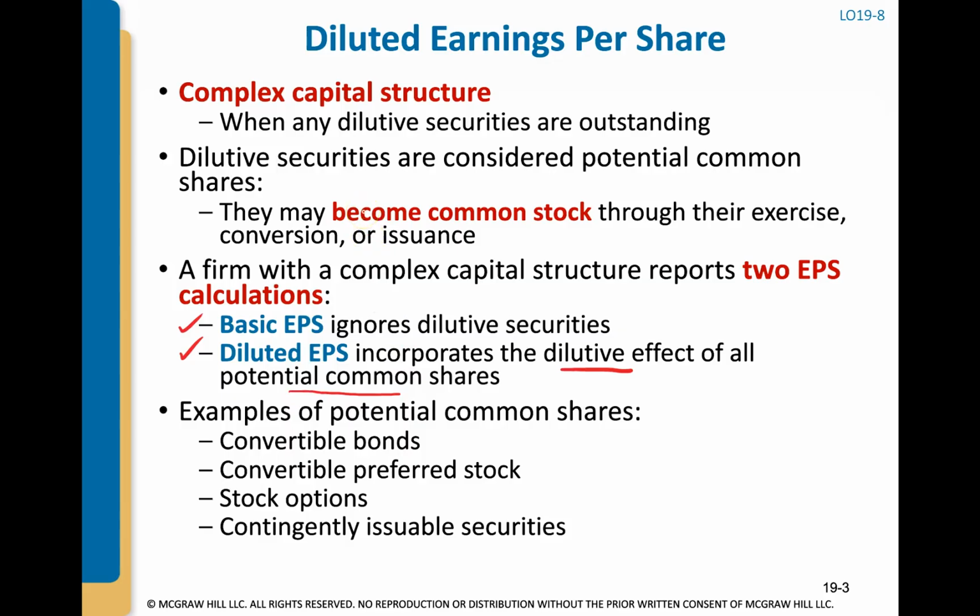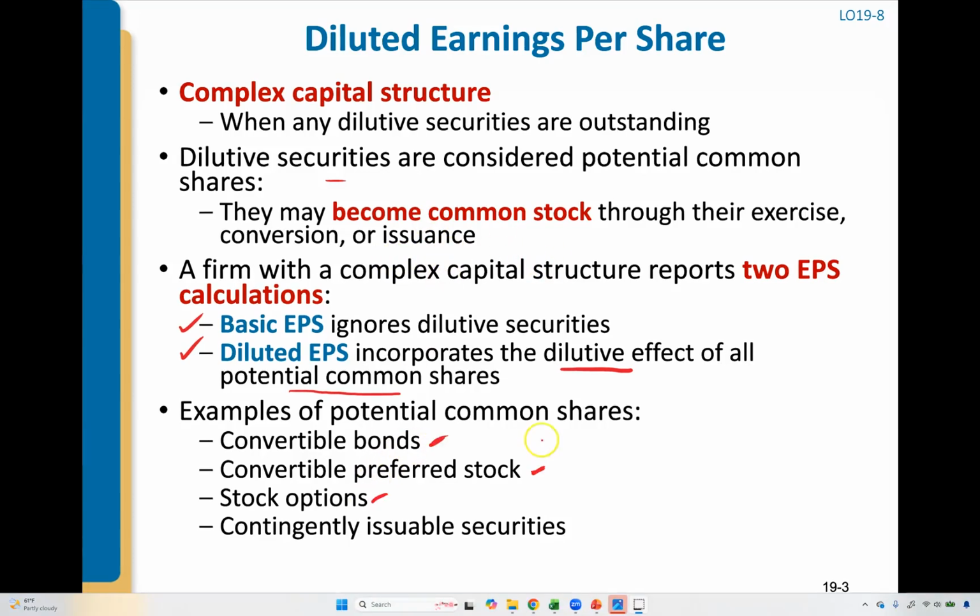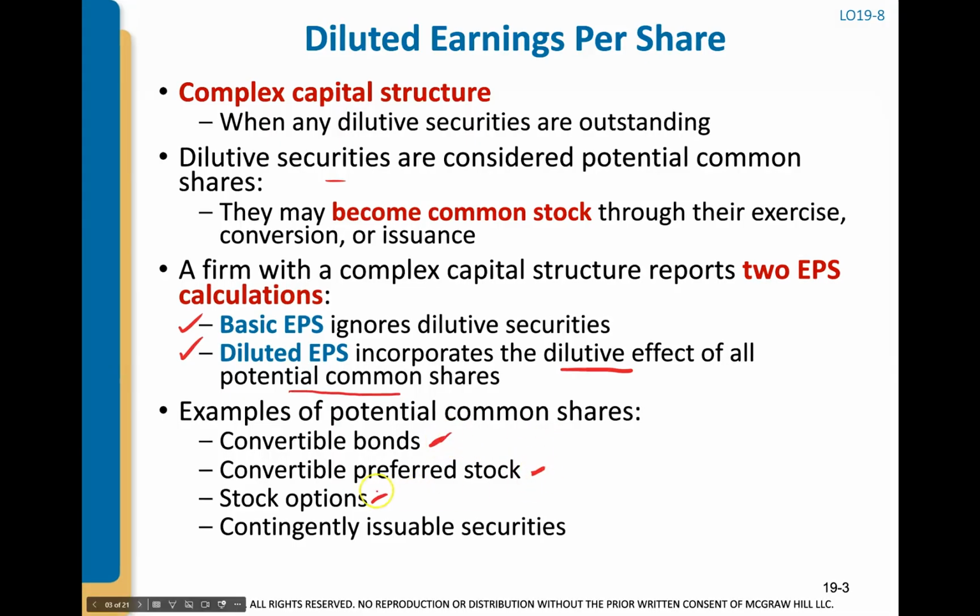And how do we get potential common shares? They derive from securities that can potentially have common stock issued through their exercise, conversions, or issuance. The most common dilutive securities are convertible bonds, convertible preferred stock, and stock options.